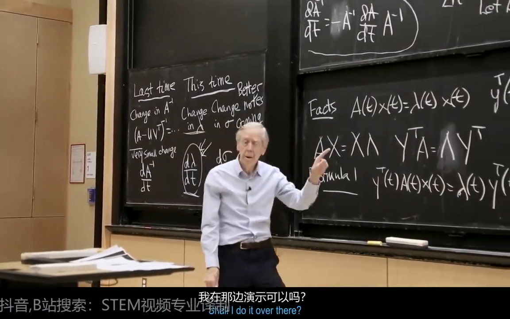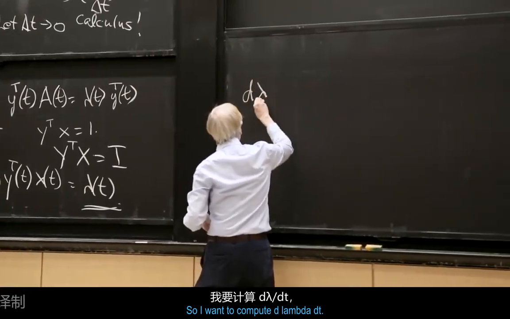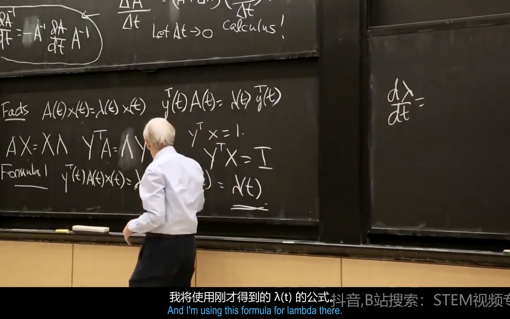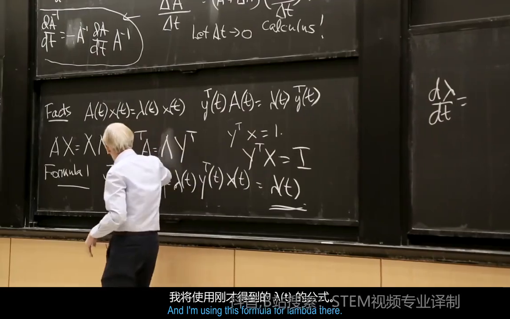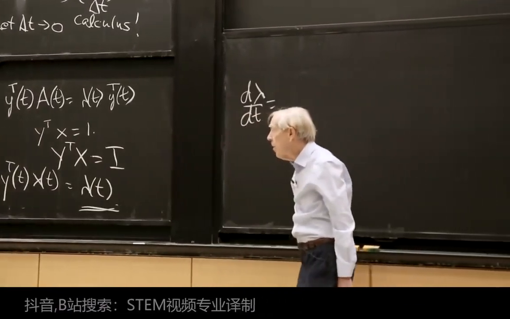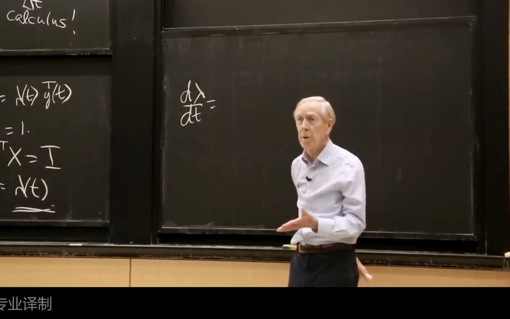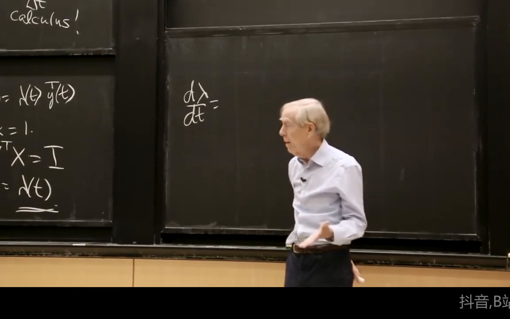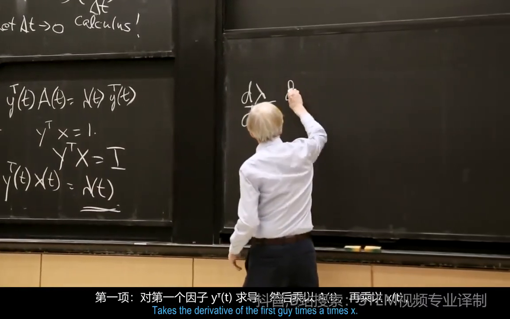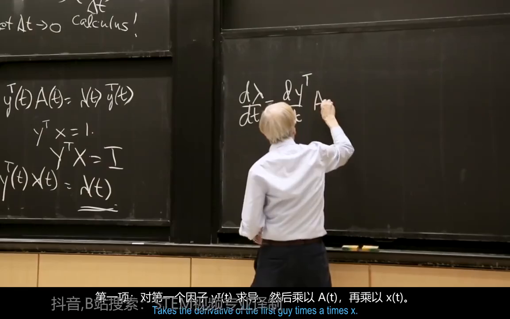Shall I do it over there? So here we go. I want to compute d lambda dt, and I'm using this formula for lambda there. I've got three things that depend on t, and I'm taking the derivative of their product. So I'm going to use the product rule, right? Take the derivative of the first guy times A times x.